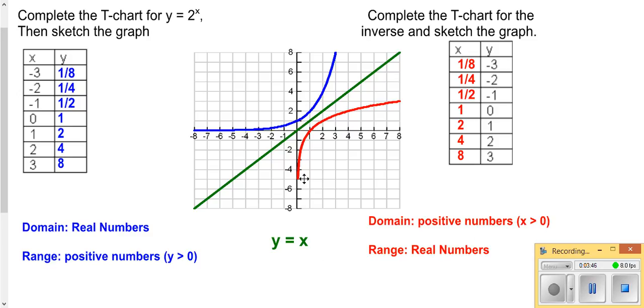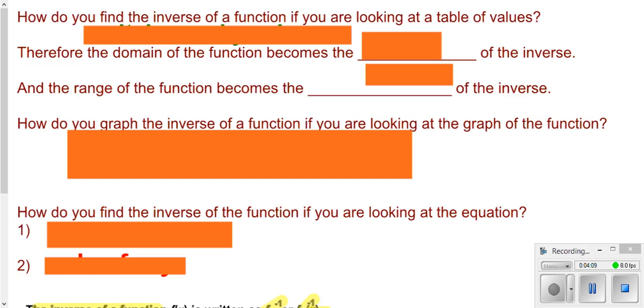But you notice your red graph only exists to the right of 0, so your domain is the positive numbers. So as we look here, what we had for the range of the original went to the domain of your inverse. And what was the domain of your original goes to the range of your inverse.